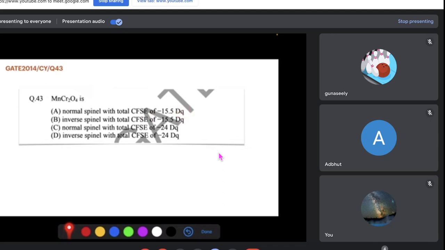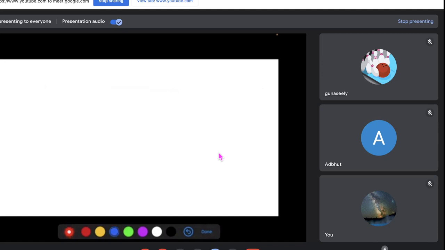Okay, so let's move into some basics. Spinel structure is a series of compounds having a combination of two oxides.